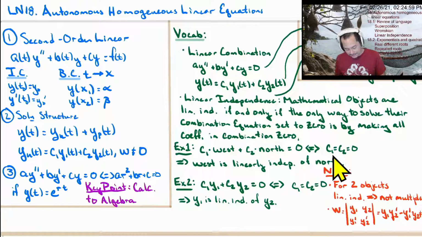The first thing is this idea of a linear combination. A linear combination, we need to understand, is the same thing as superposition. So what does it mean to linearly combine things?